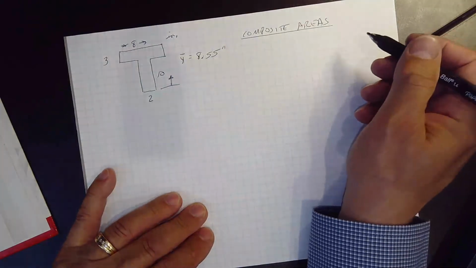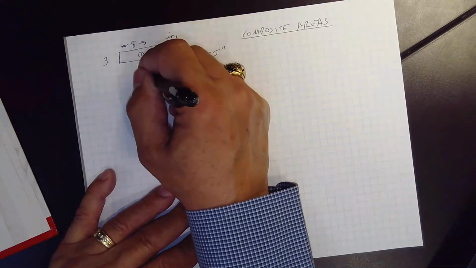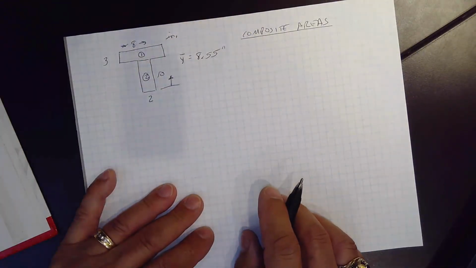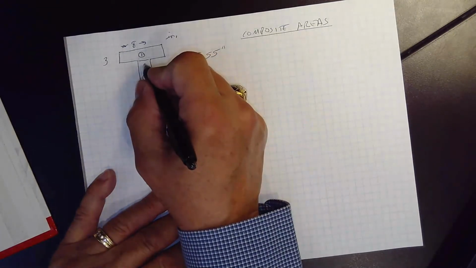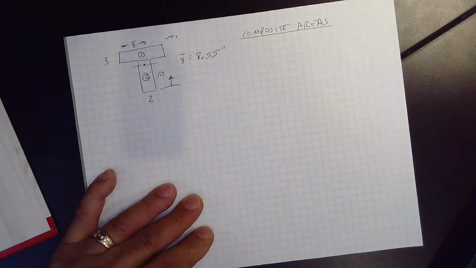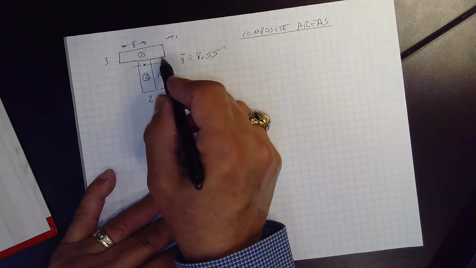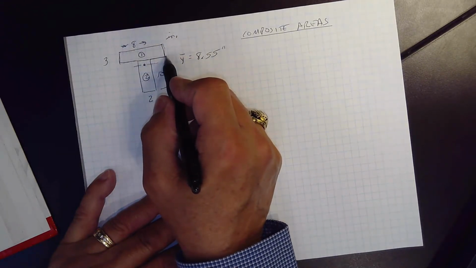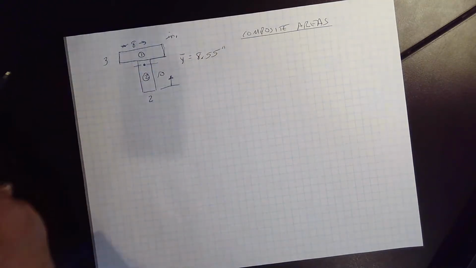What that means is I can take 1 and 2 and sum them up, just like we did before, and come up with a total moment of inertia about this axis. So this is my centroid right here. Now, we know the centroid of block number 1, but do we know the moment of inertia of block number 1? And the answer is yes, we do.